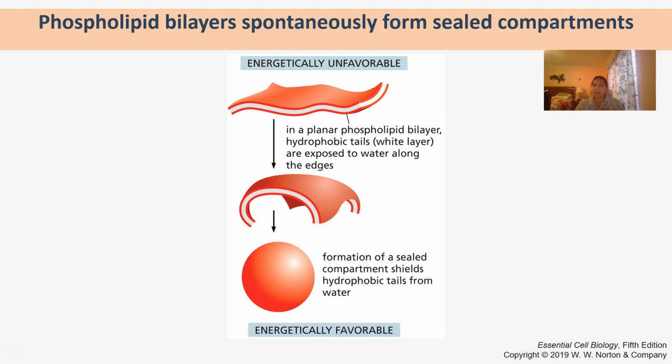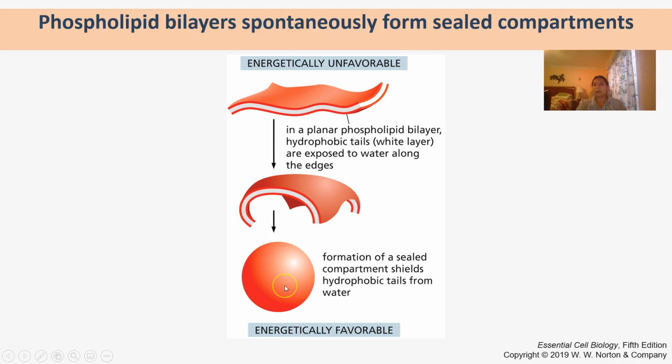So to minimize that requirement and minimize that instability, these structures will spontaneously form sealed compartments. They don't have to be perfectly round, and they rarely are perfectly round, but they have to be sealed. And by creating a sealed environment, what you end up with is just the hydrophobic tails inside and just the hydrophilic heads towards the outside.